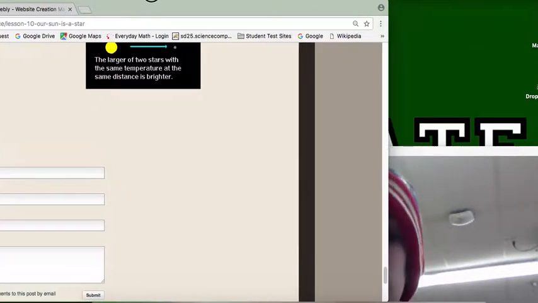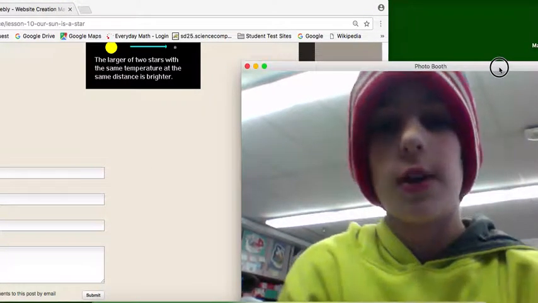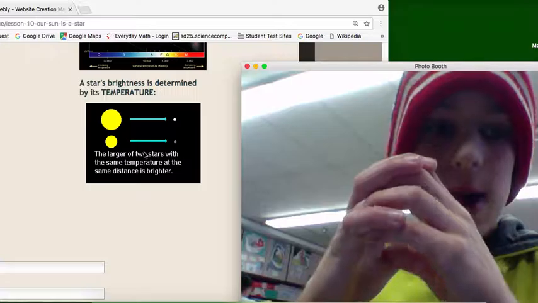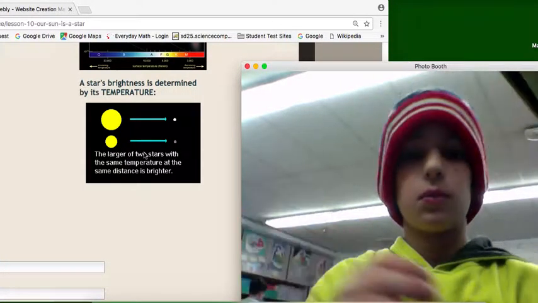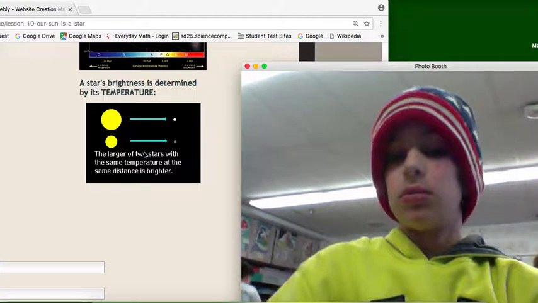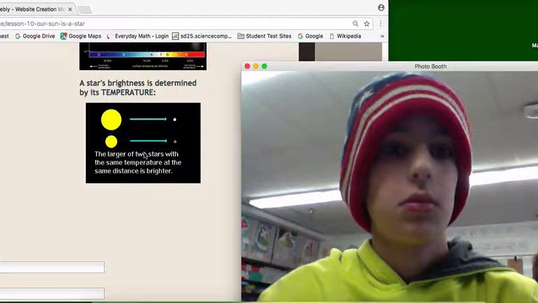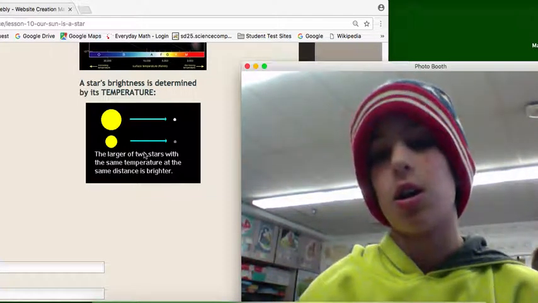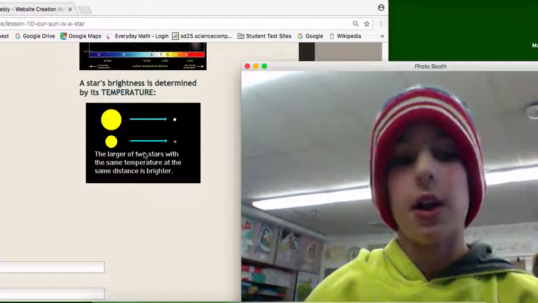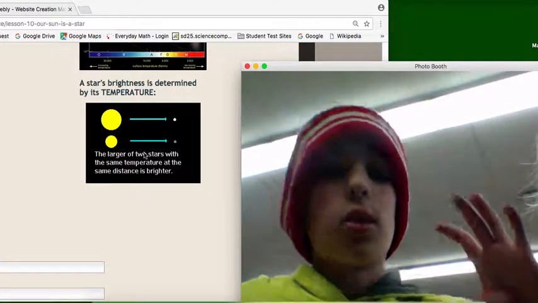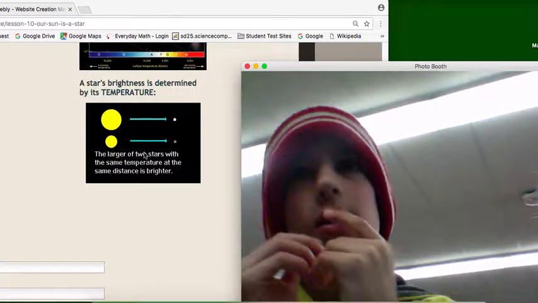And also, if it was really close by Earth, then it would be very bright, because if a flashlight is really big and right in your eye, it would be very bright.